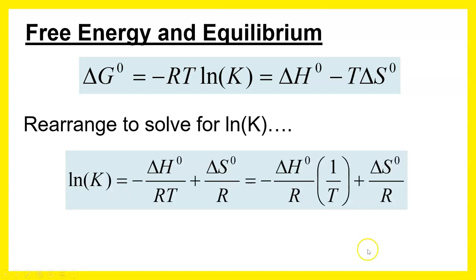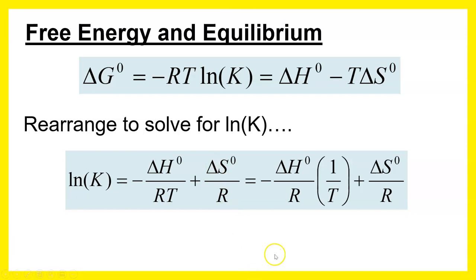I end up with this horrible mess. So I divided everything by negative RT. Can you see here? Delta H divided by negative RT. And this part over here was divided by negative RT and ends up looking like this.